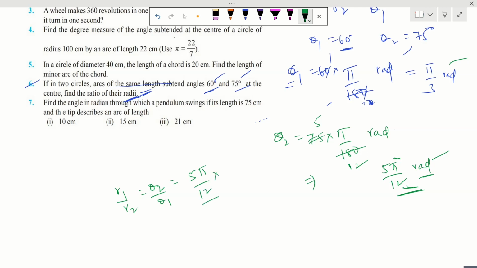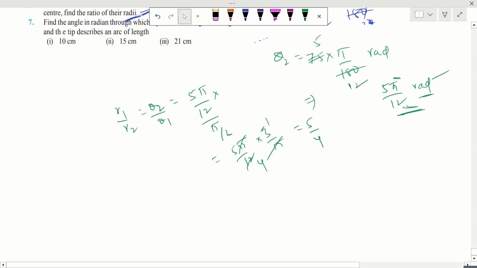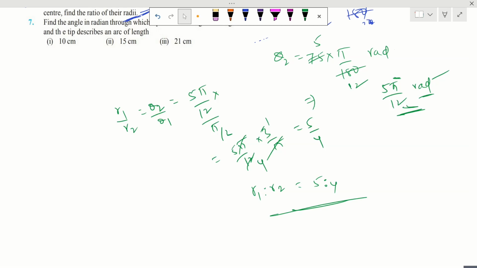Pi by 3 means the 3 comes up, so 3 by pi will come, and pi will get cancelled. 3 ones are 3, 3 fours are 12, so it is 5 by 4. Now when we write r1 by r2, the ratio is 5 by 4. This is the solution.